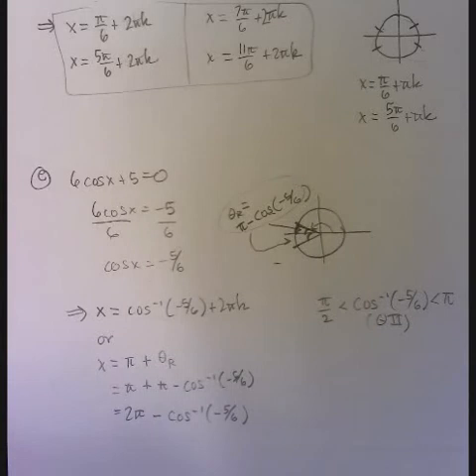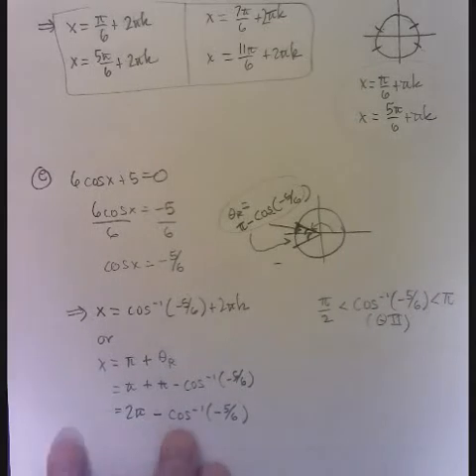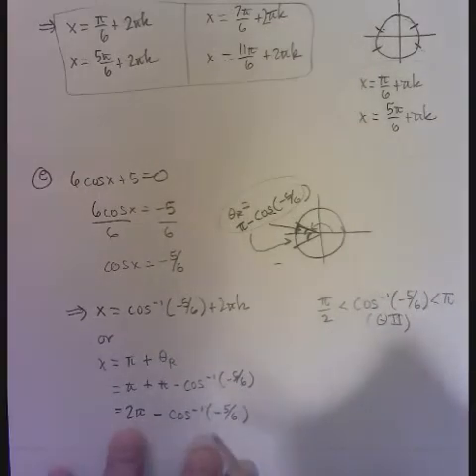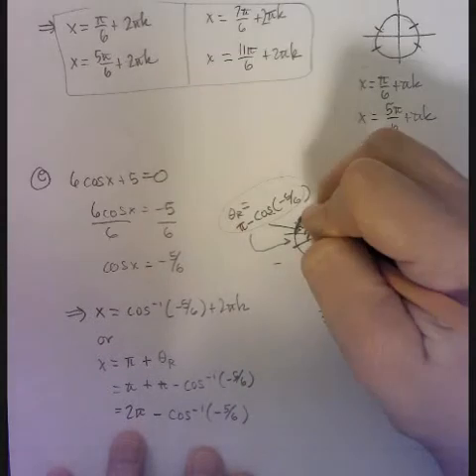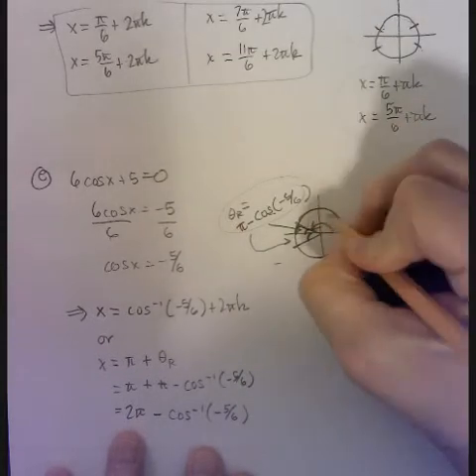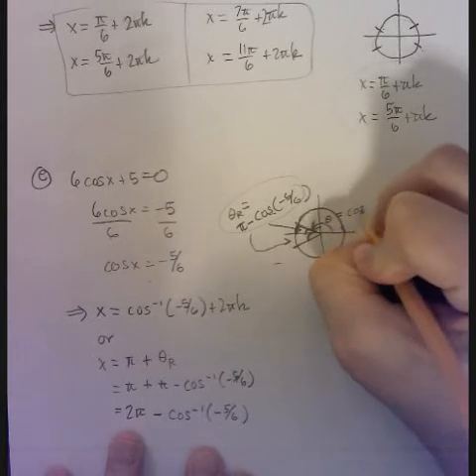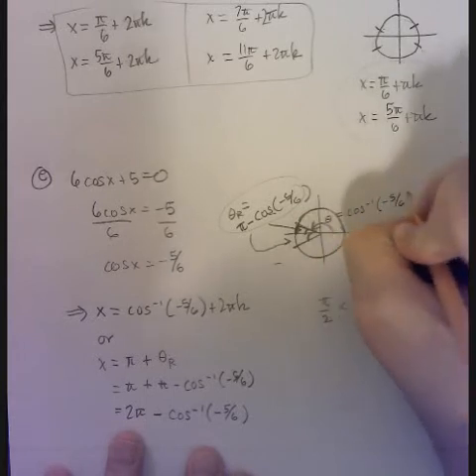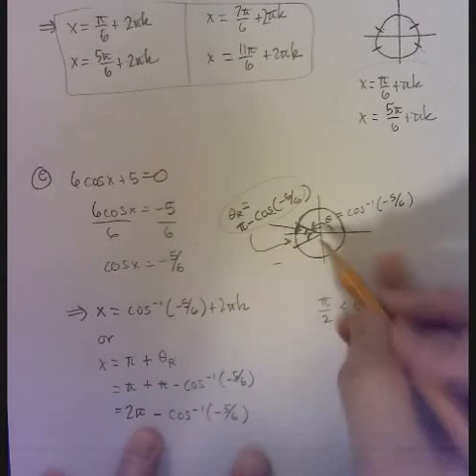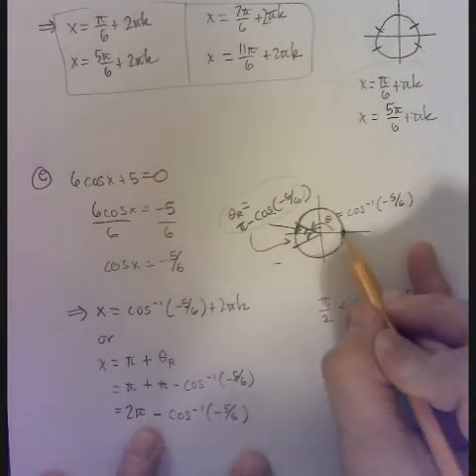Okay, so let me talk about this. Think about what this means. Remember, this angle is, call it theta. Theta is cosine inverse of negative 5/6. So this is saying 2 pi, go all the way here, and then subtract that angle.